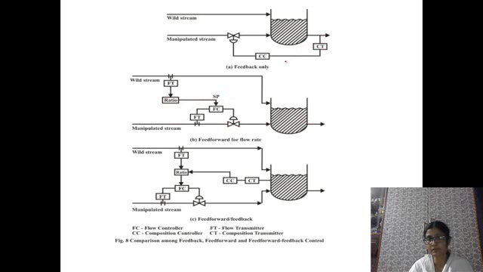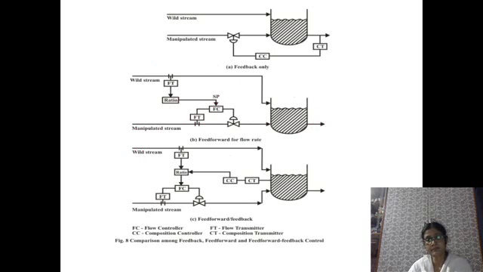Here in the feedback the controller was at the output level, where the process variable is measured and controlled. But here the controller arrangement is along with the manipulated stream, not with the controlled process variable.